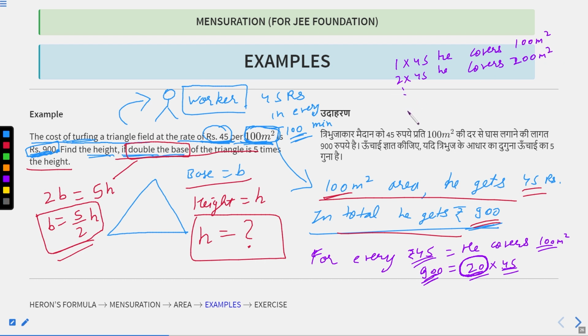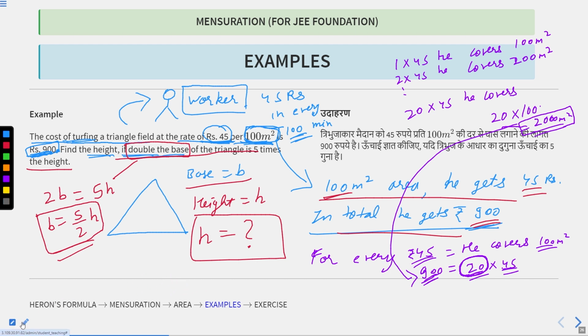So up to this, for 20 times 45, he covers 20 times 100, which means 2000 meter square. So he covered 2000 meter square, and in return he gets 900 rupees. I hope this is clear to you.